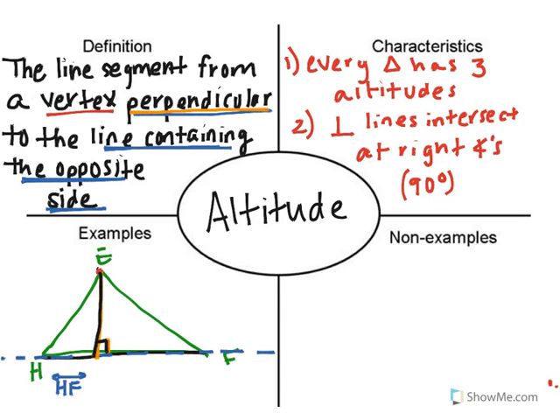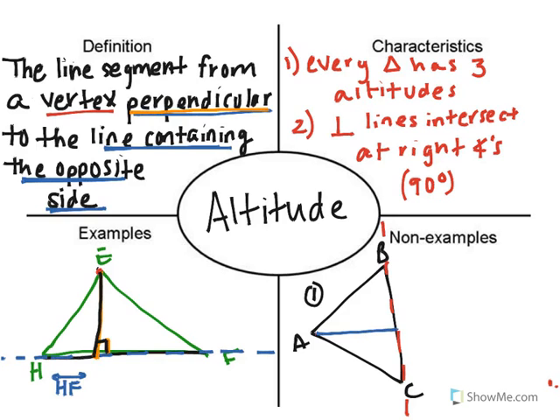So if we look at example 1 here, if we have the triangle ABC and we want to draw the altitude from vertex A, it's perpendicular to the line containing the opposite side. So what will happen a lot is students will draw the perpendicular altitude, but then also assume that this has split the opposite side into 2 congruent pieces.